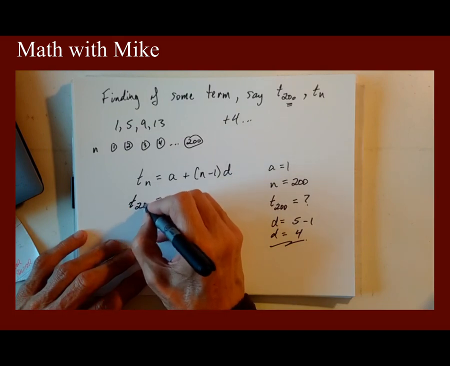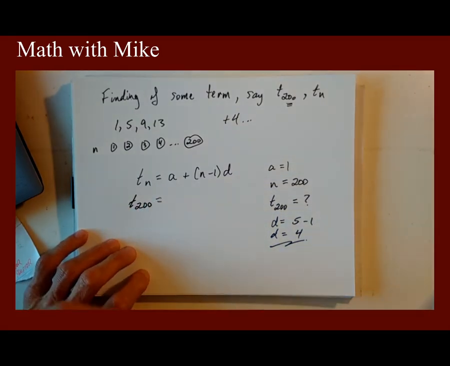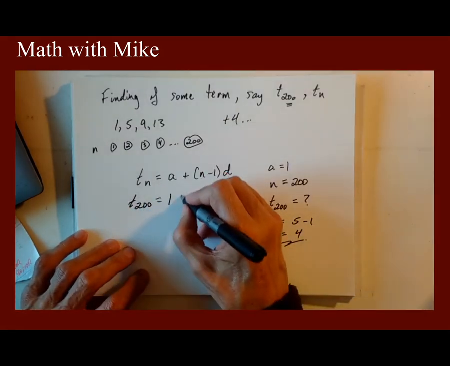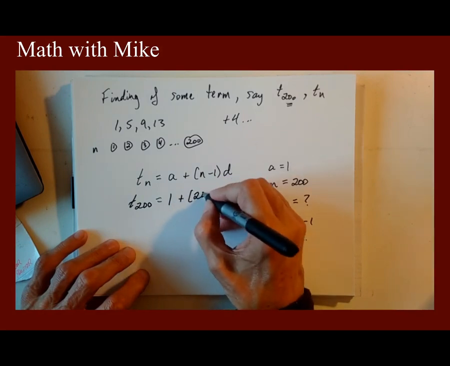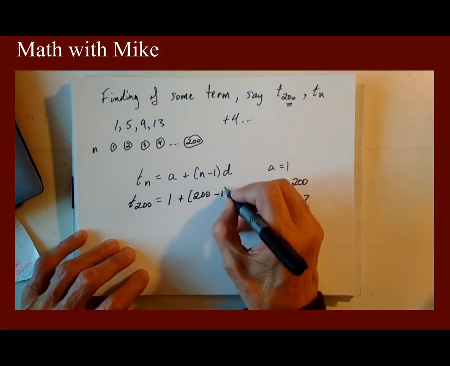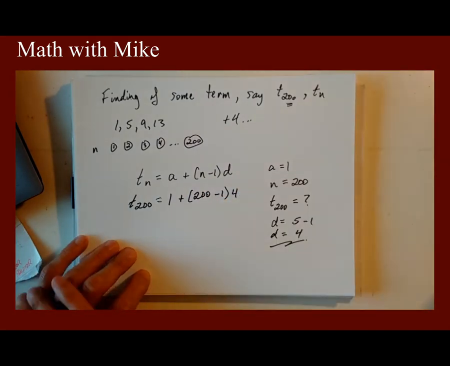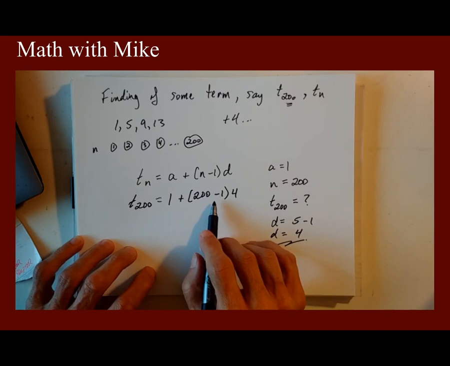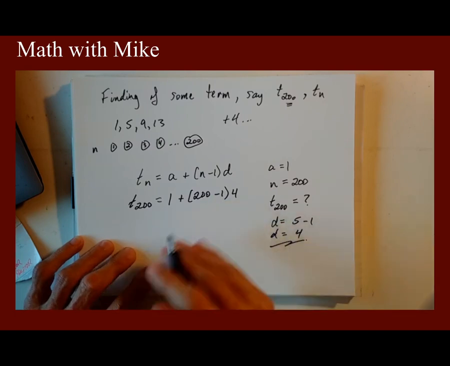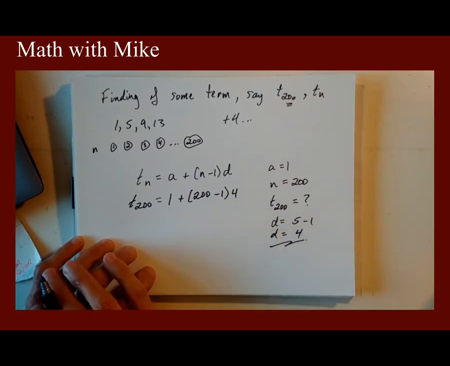So T200, putting the A in there. Oh, I chose 200, eh? Okay, well, that's how it goes. And then a 4 like that. Now, I know your teacher probably told you that you simplify the brackets first in order to calculate this out by hand, right? And that's true.